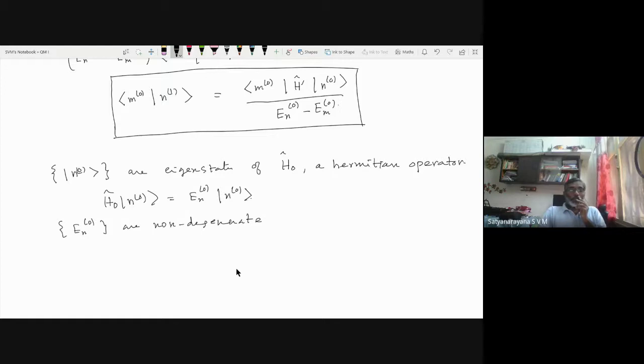So I can say that this set N0 is a complete orthonormal basis for the Hilbert space.